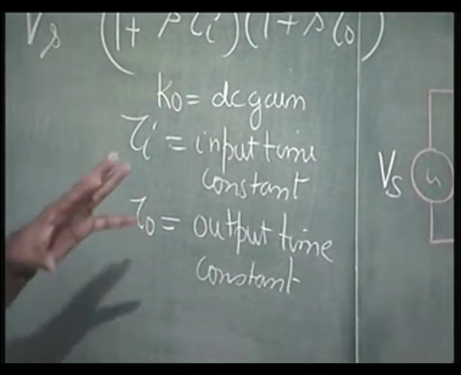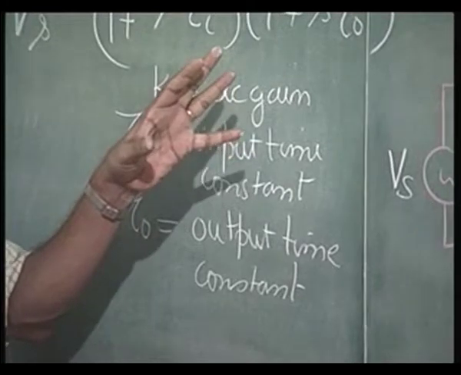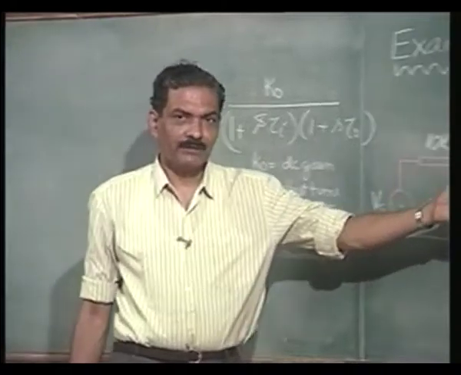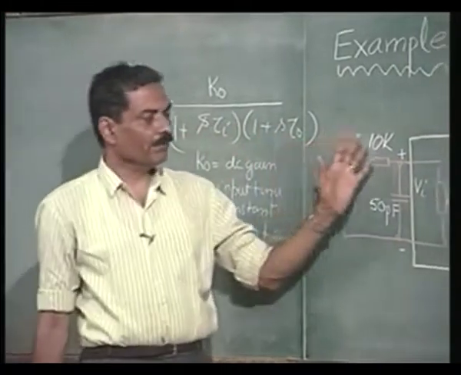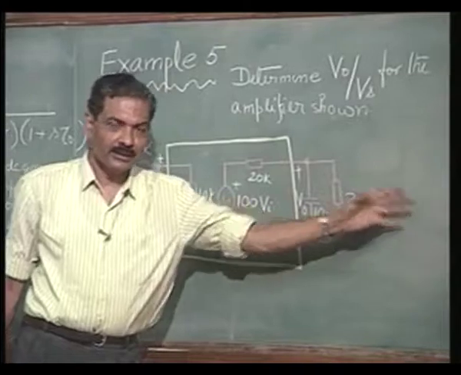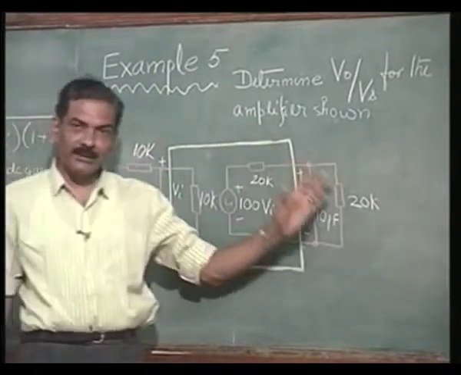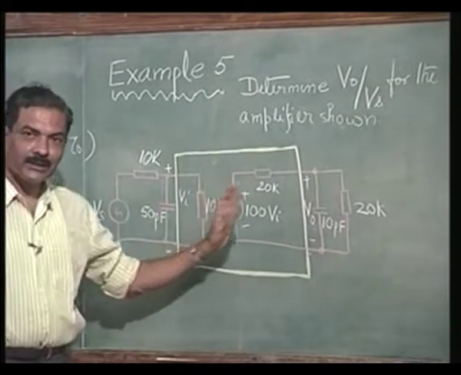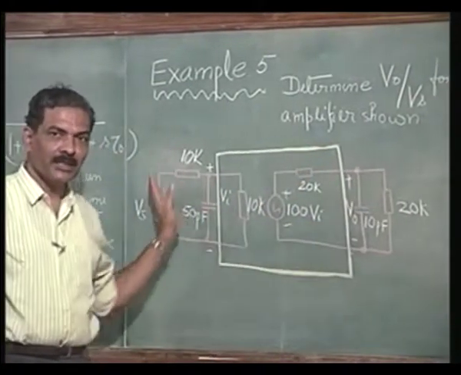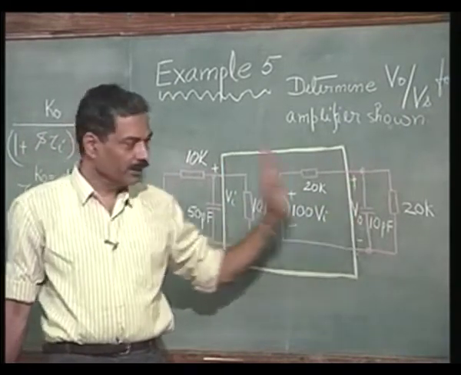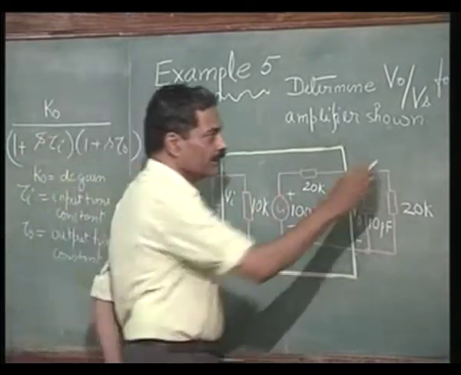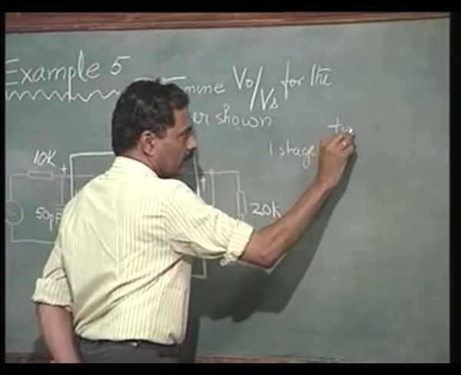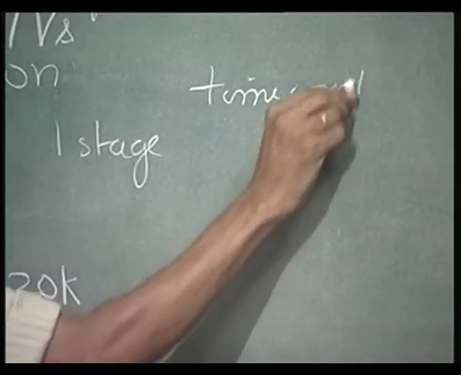So, for any amplifier this can be written this way. If there are two time constants, if there are three time constants, let us say you have one amplifier cascaded to another amplifier, then there will be an input time constant, an intermediate time constant and an output time constant. If you have 3 stages instead of 2, then correspondingly there will be 4 time constants. If there is a single stage, there will be 2 time constants at least.